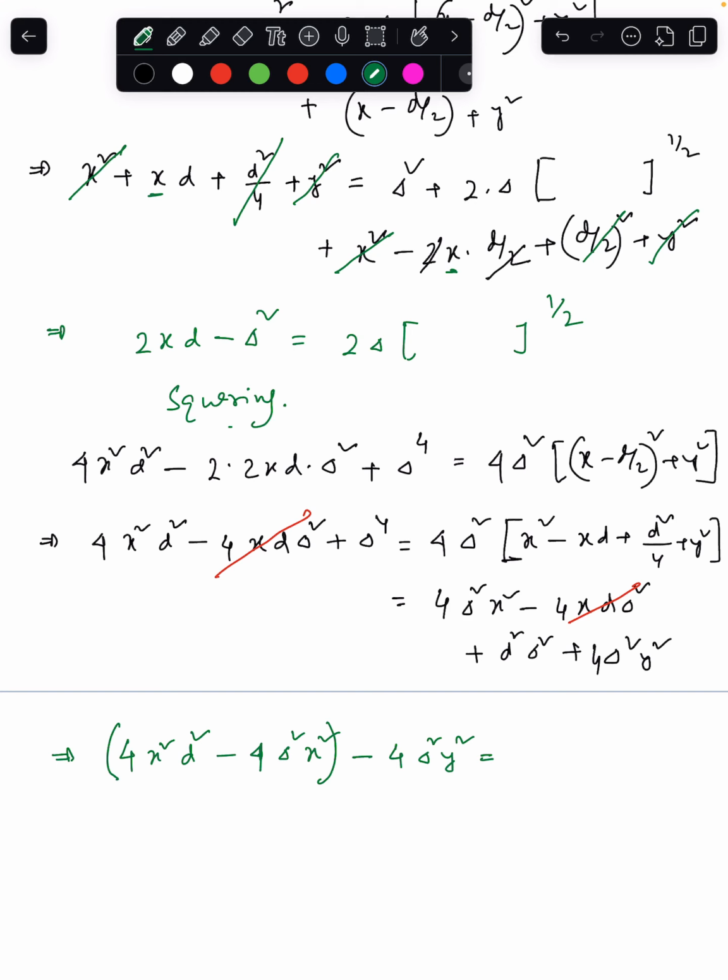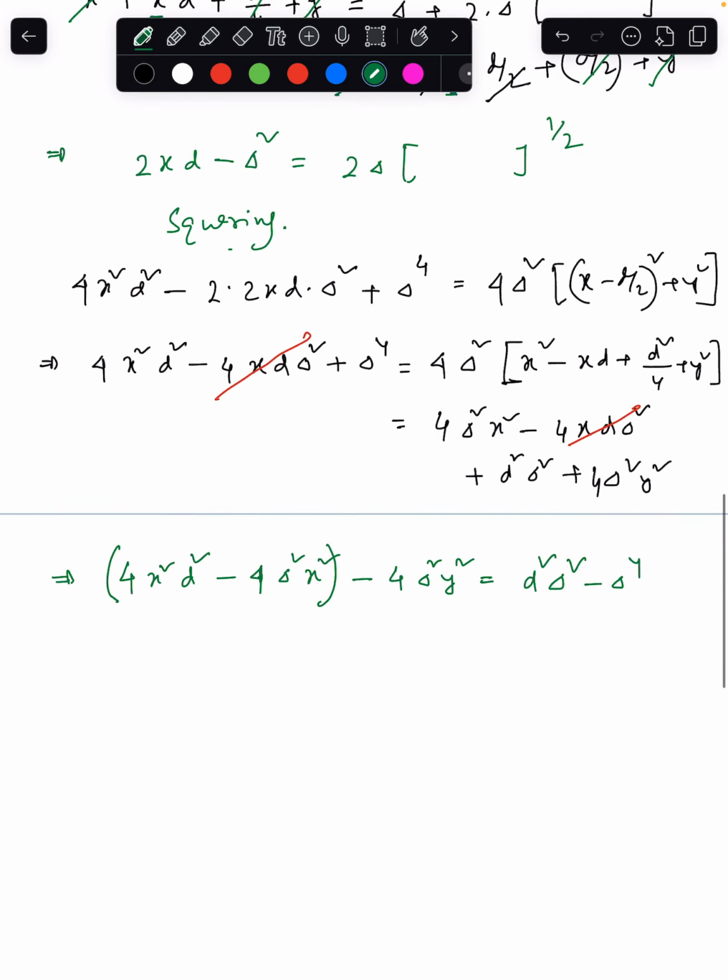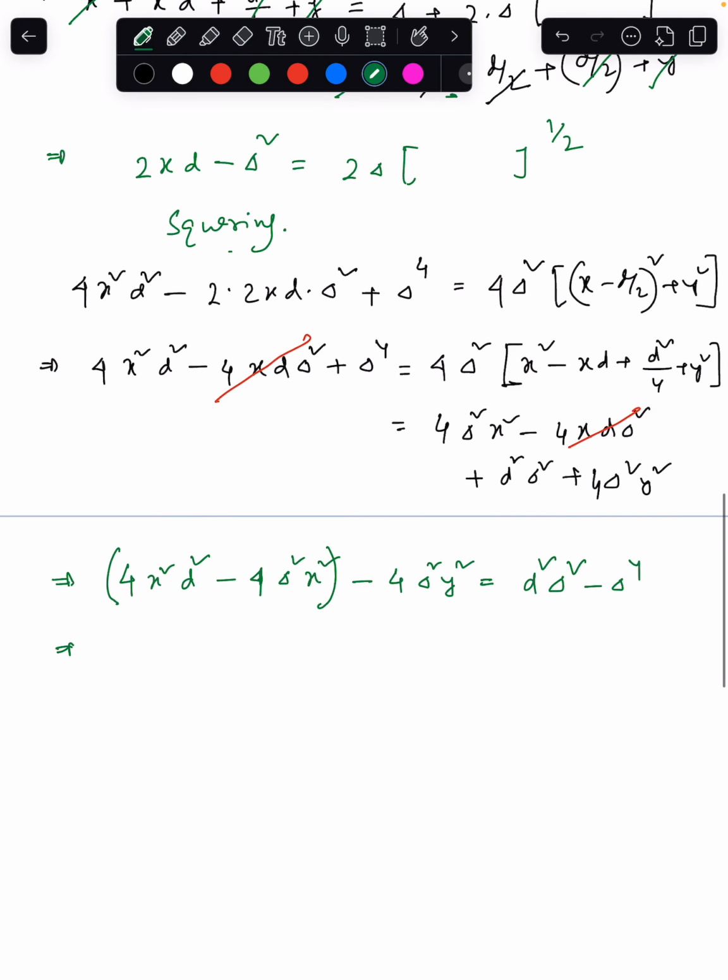We are getting d square delta square minus delta to the power 4. Now I can take 4x square common. So it is coming d square minus delta square, minus 4 delta square y square. We can get delta square common here, d square minus delta square.